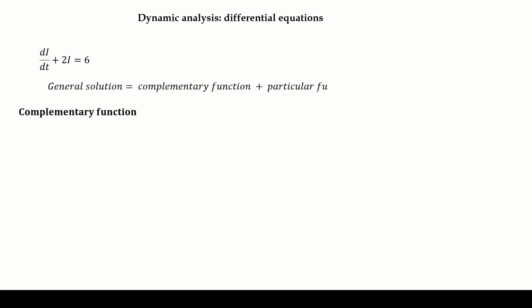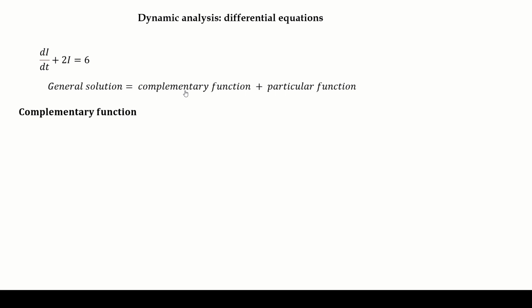One we will call the complementary function, and the second is what we'll call the particular function or the particular solution. And the sum of both will be called the general solution. The particular solution can be considered as the value which the variable reaches in the long run. And the complementary function will be the deviations from that equilibrium value.